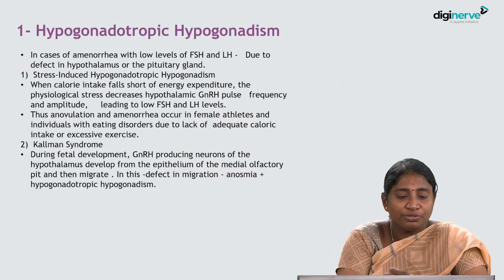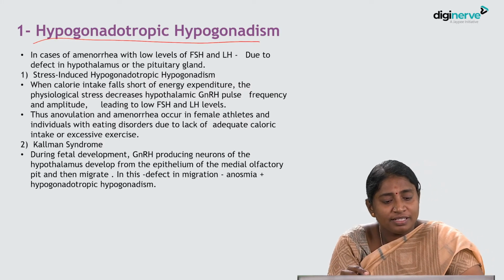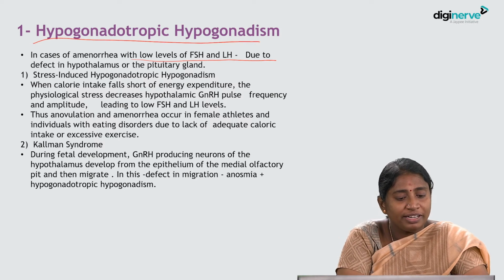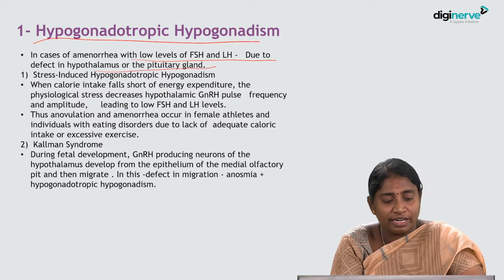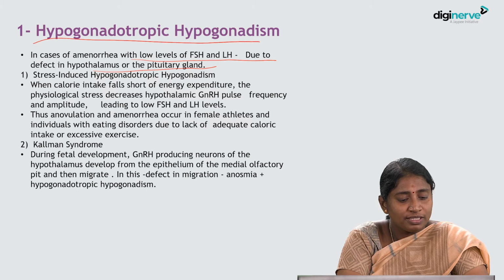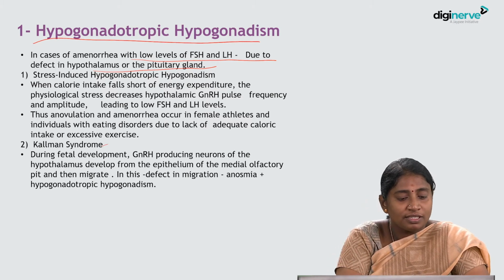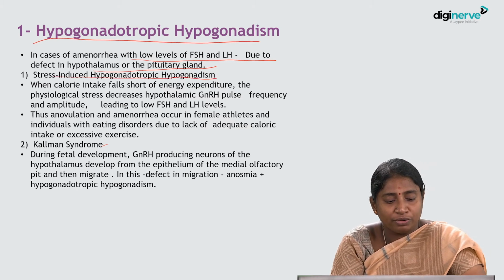In hypogonadotrophic hypogonadism, there is amenorrhea with low levels of FSH and LH, due to a defect in the hypothalamus or pituitary gland. It can be due to stress, or it can be due to Kallmann syndrome. In stress, what happens? The stress-induced hypogonadotrophic hypogonadism.